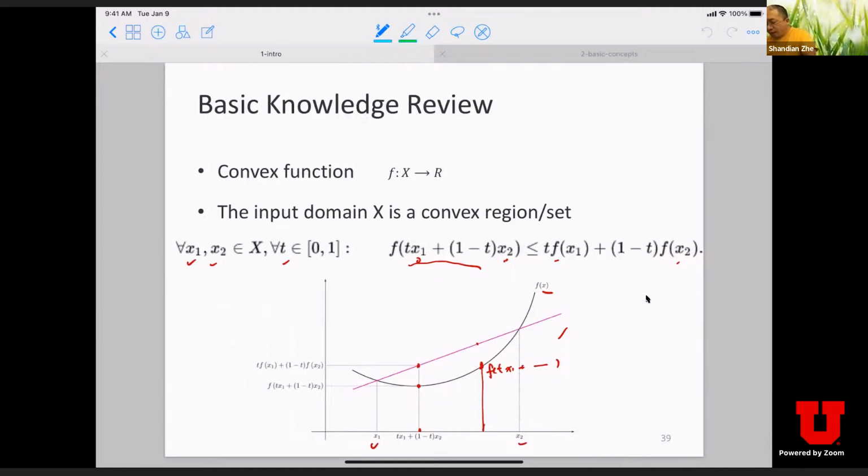Basically, if you pick any two points in your domain, and for any ratio t between 0 and 1, the function evaluated at the combination of x1 and x2 must be less than or equal to the combination of function values evaluated at x1 and x2 accordingly. This is called a convex function.